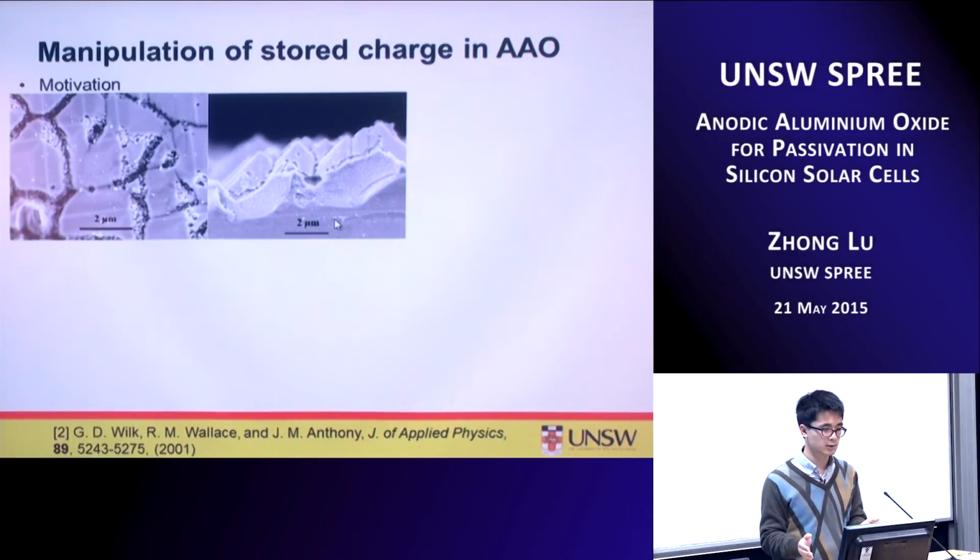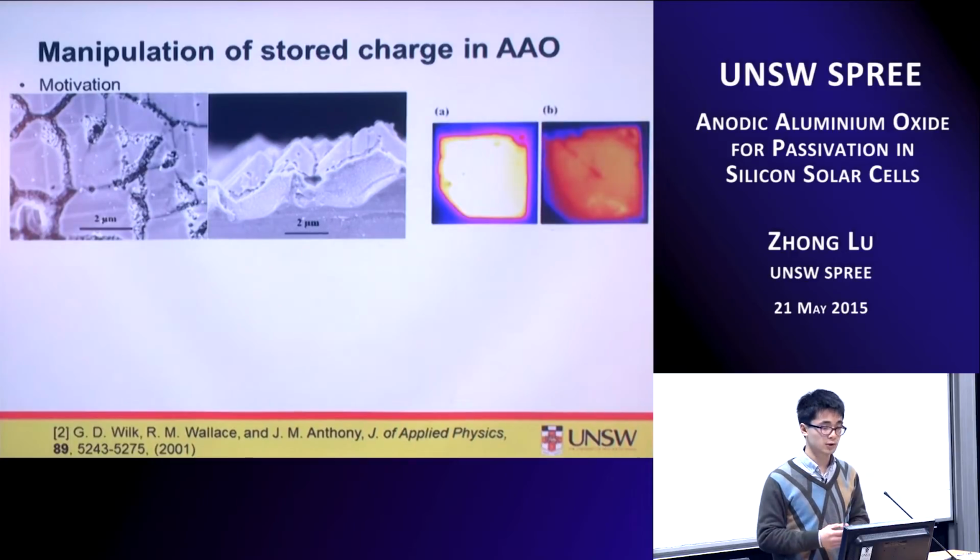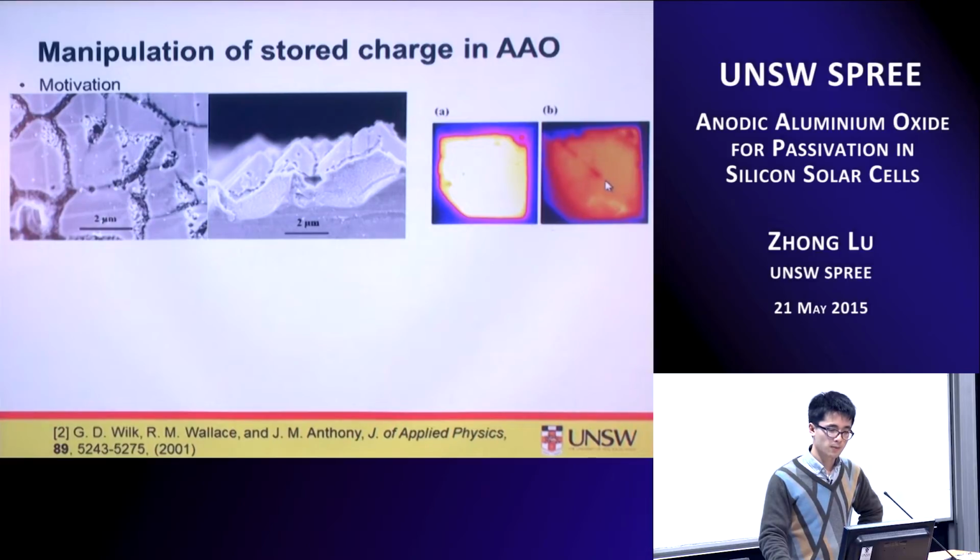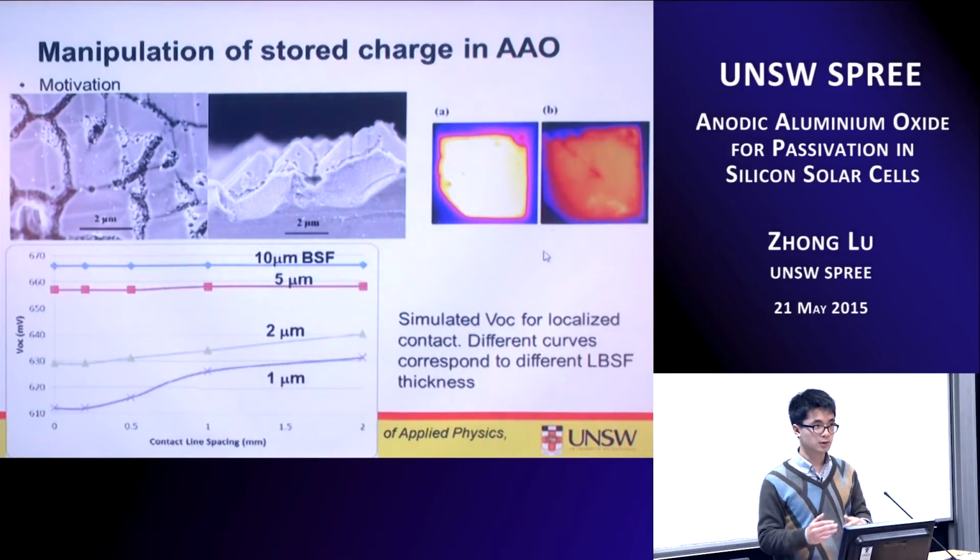So the contact resistance is really good and quite reliable, but we're having a problem with the device voltage. As we see here, in the PL image of the sample before and after metallization, you can see a significant drop in the voltage. To explain this problem, a PC2D model is built to quantify the relationship between the BSF thickness as well as the contact spacing on the VOC.